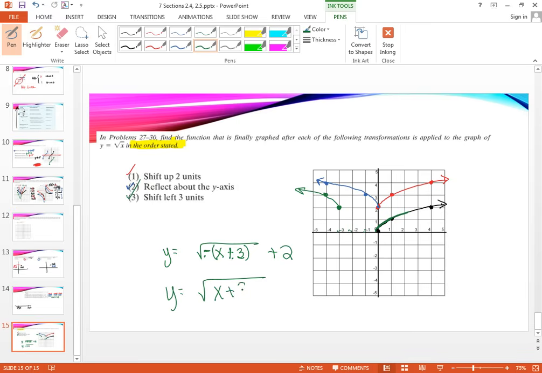I write plus 3 because I went backwards. Okay? It went up 2, so plus 2 on the outside. Then I need to think about how do I tell it to reflect it across the y-axis? Okay, so how did I do that? There was a minus sign in the front. Okay, sorry about that. Didn't mean to write that symbol wrong in front of the 3. Okay, hope this was helpful.